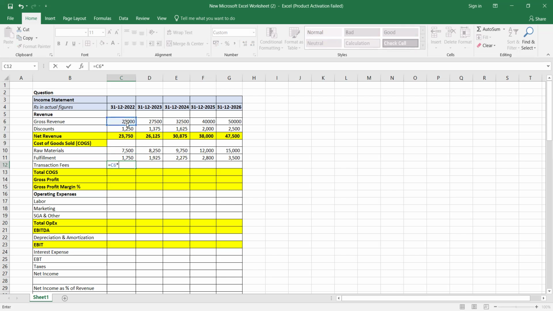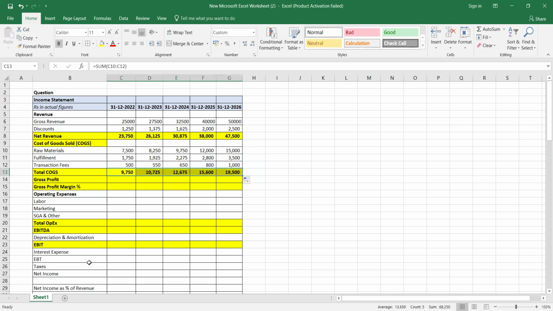Select gross revenue, that is 25,000 into 2%, enter. Then drag. After that, how do you calculate total cost of goods sold? Open the sum, is equal to sum, open the bracket, select all the three, close the bracket, enter. Drag it. You will get your total cost of goods sold.